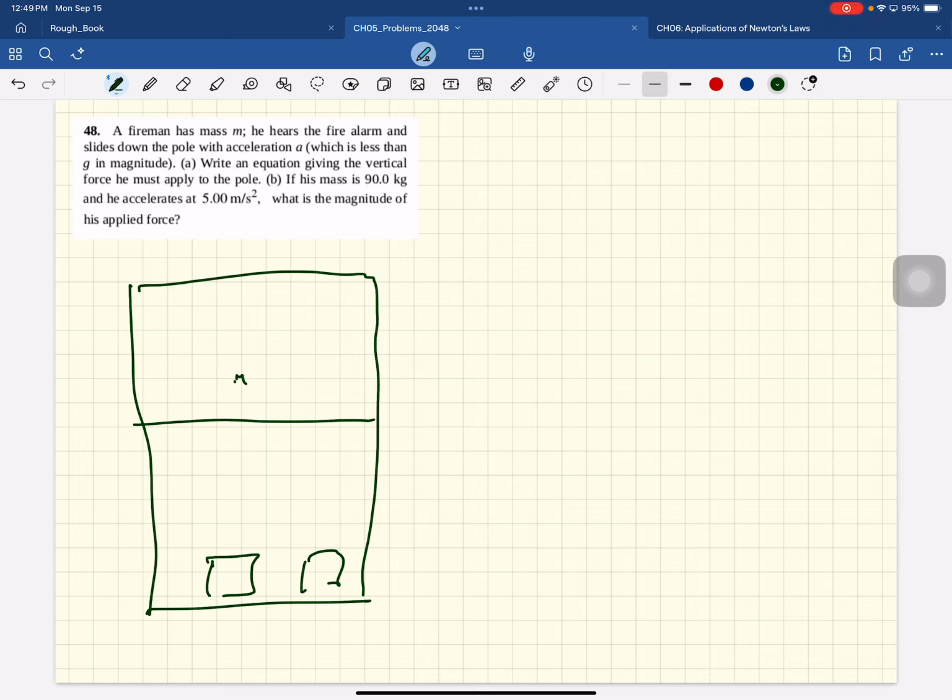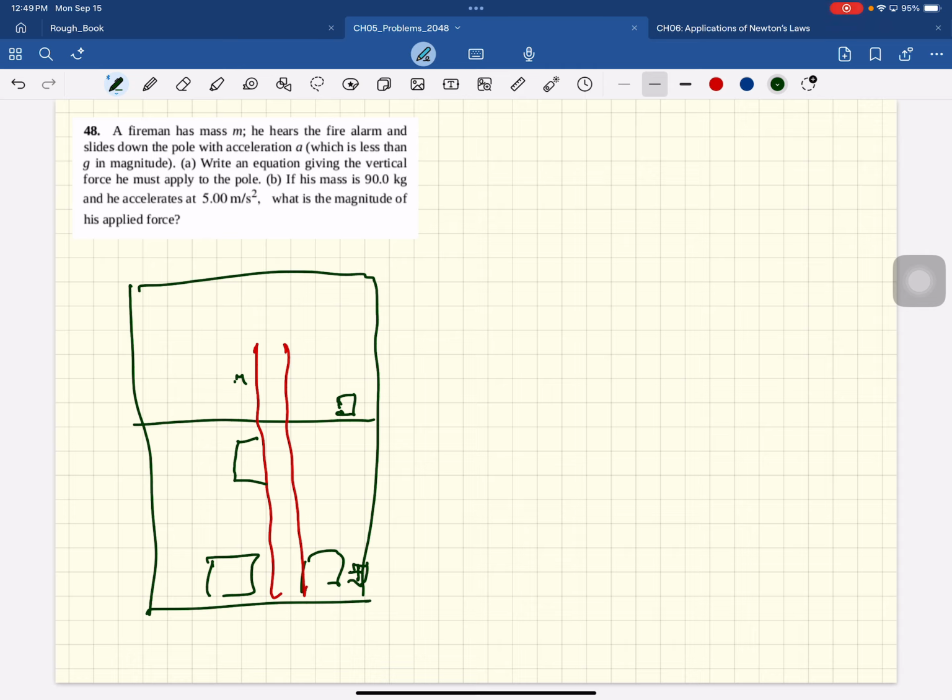You want to get there as fast as possible. You could jump down this building and get into your fire truck, except that that's not good for your knees. Okay. So that's why the pole was invented. And then you slide down the pole.